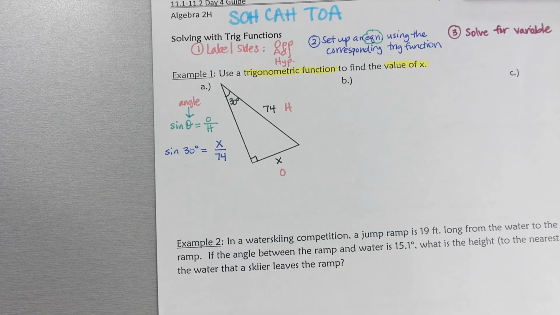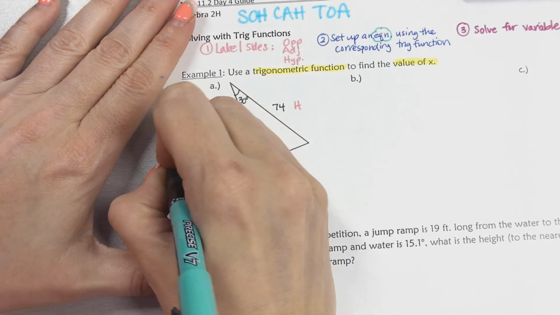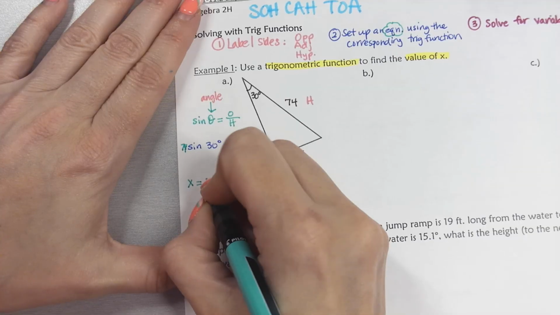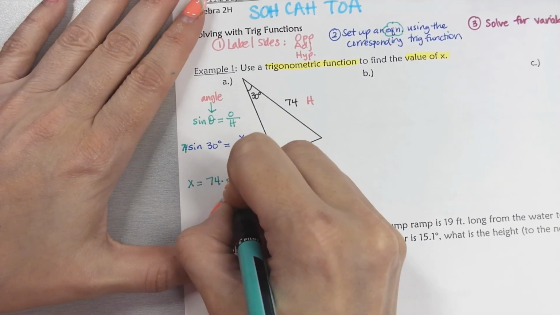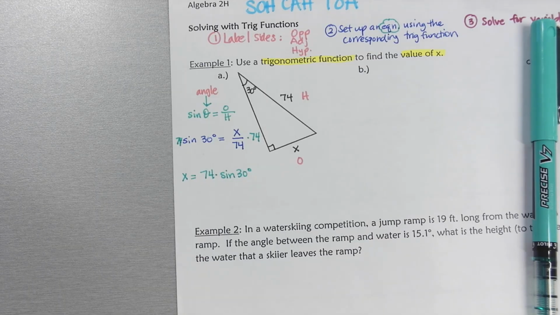Then we are going to use our calculators to calculate 74 times the sine of 30. So x is equal to 74 times the sine of 30 degrees. With your calculator, most of you are probably in radians, because every time we reset our calculator, it goes back to radians.